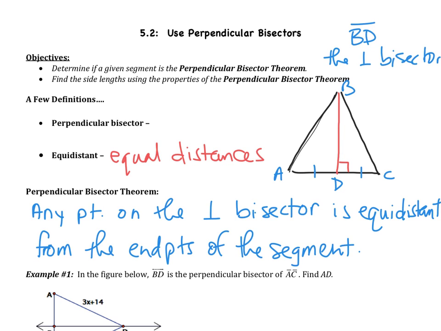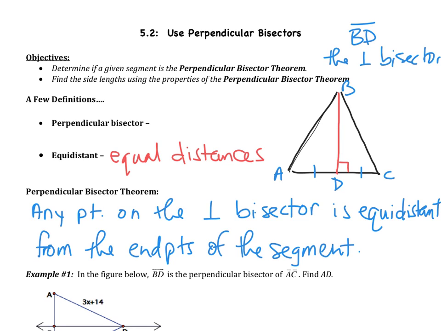Now, if D is on the perpendicular bisector, would you agree that D is the same distance away from A as it is from C? Yes. So we would say that D is equidistant, has the same distance away from A as it is from C. Correct. That's what it's saying.